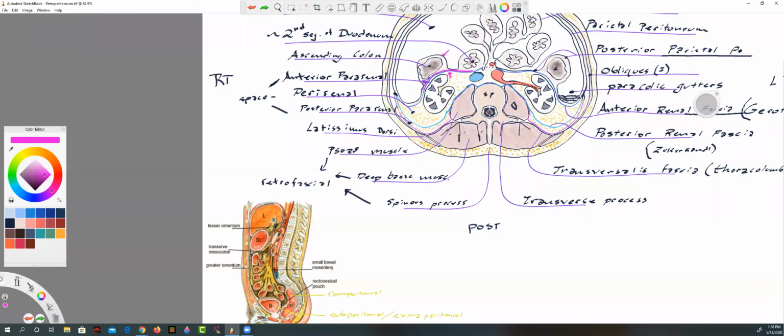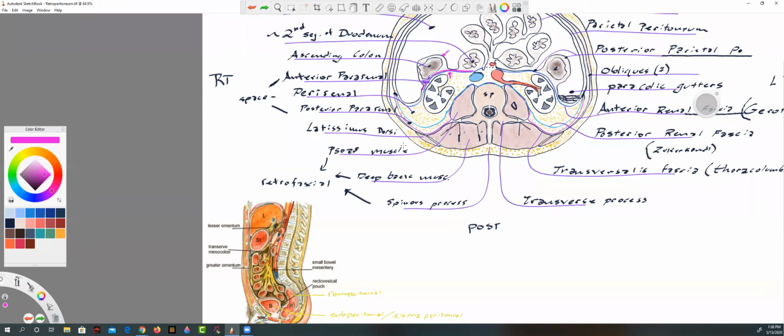Kidneys, adrenals, aorta, and IVC. So I've got the aorta here with a little renal artery. I have the IVC here. I didn't draw any veins going off there, but those are, once again, still retroperitoneal. We're just talking about yet another space within the retroperitoneum. And so that is the perirenal space.